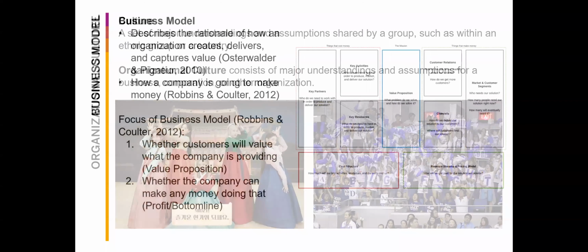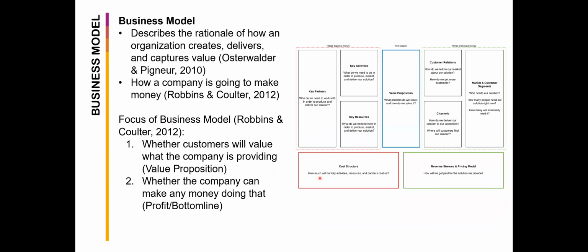All right. Now let's talk about how organizations make strategies. To start with, we need to understand how companies make money. First among the frameworks is the business model, which describes the rationale of how an organization creates, delivers, and captures value.